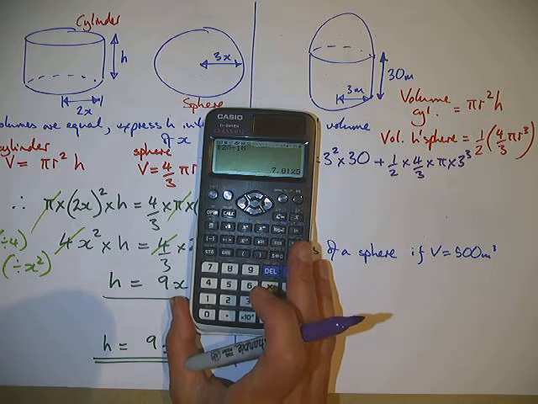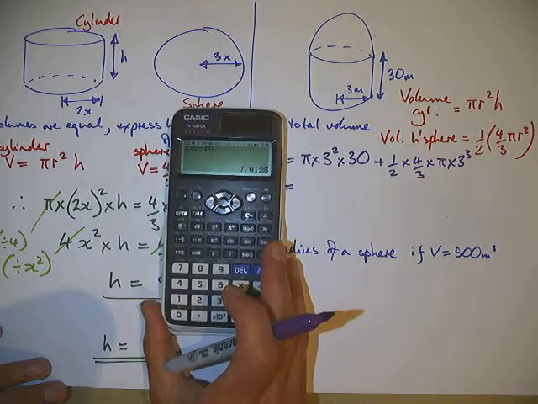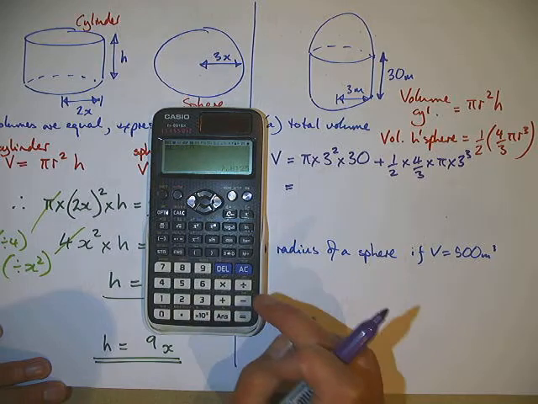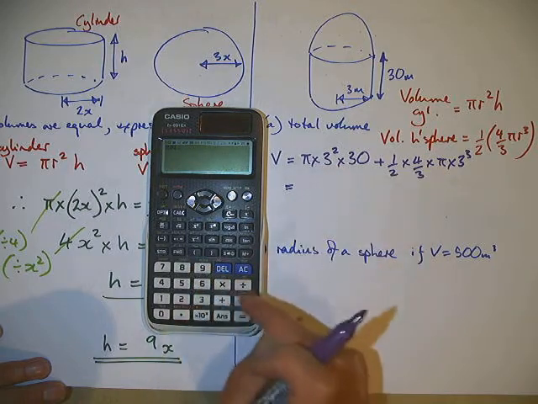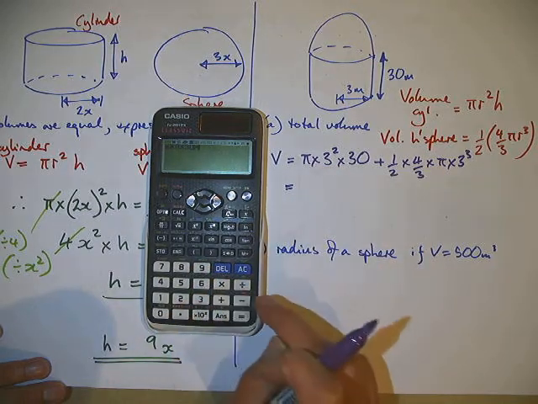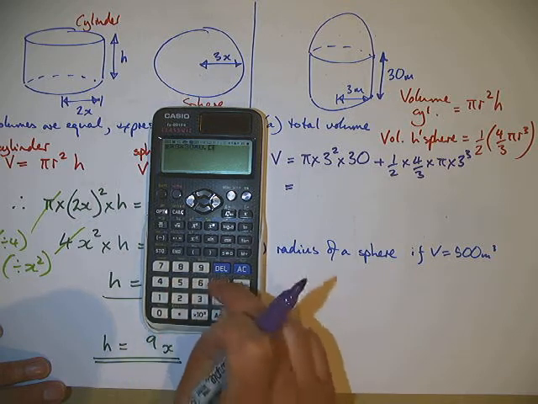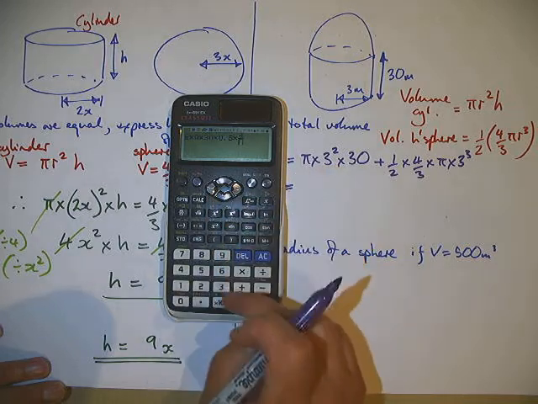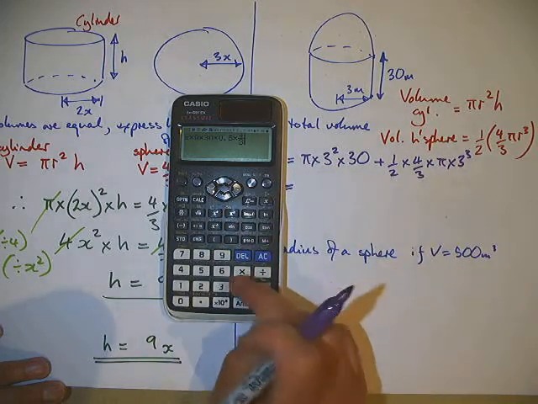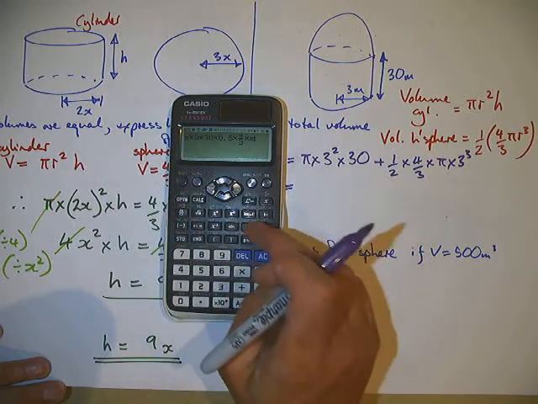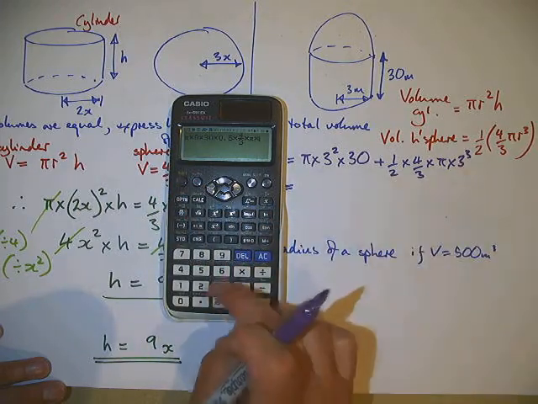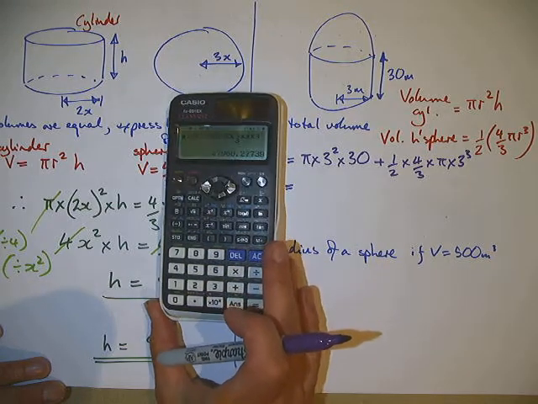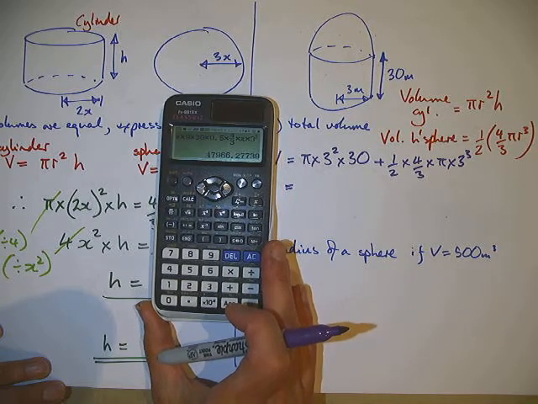No need for being that clever now. So pi, shift pi, 9 times 9 times 30 multiplied by 0.5 times 4/3 times pi times 3 cubed. 47966.